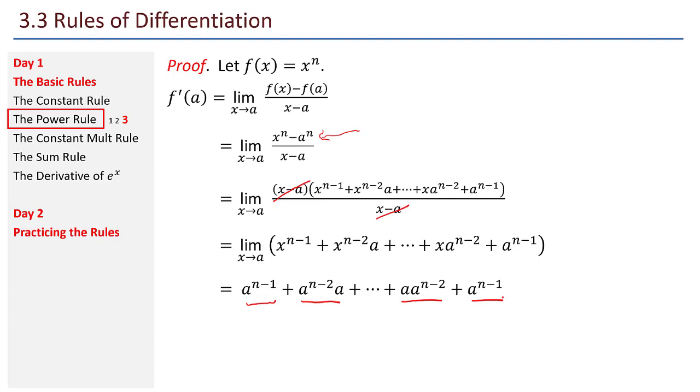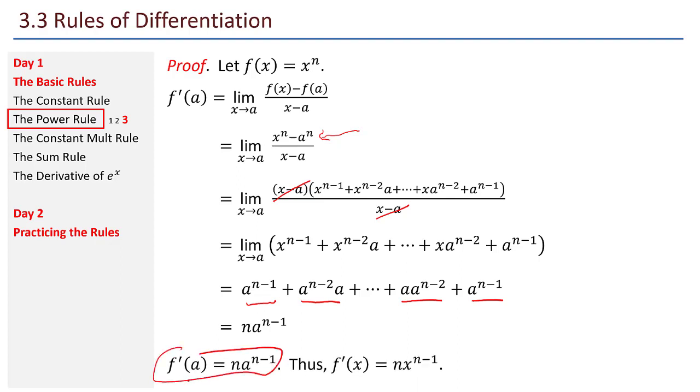So in fact, I have n different terms, and they all evaluate to a to the n minus 1, so I get n times a to the n minus 1. Well, look at that. What I found was f prime of a equals n times a to the n minus 1. So let's just take out the a, replace it with x, and there you go. F prime of x equals n times x to the n minus 1.